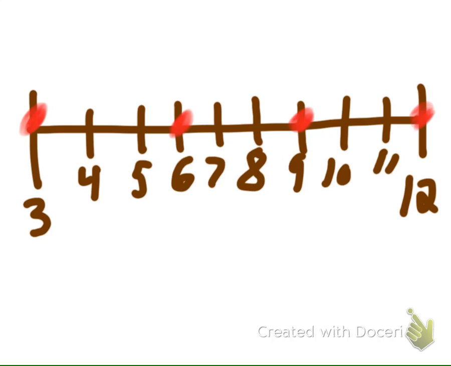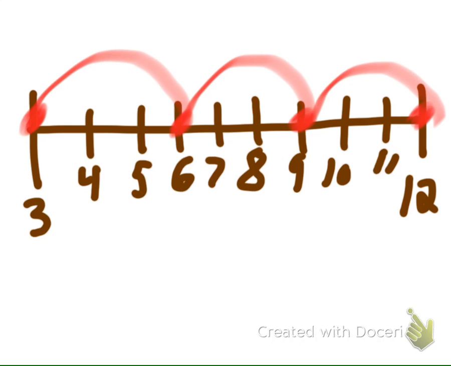So if I do this every single time, how many numbers am I skipping before I get to the next stopping point? 2, right? I'm really counting by 3s, because 3 doubled is 6. 6 plus 3 is 9. 9 plus 3 is 12. I'm really counting by 3s.